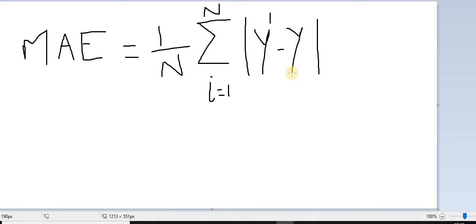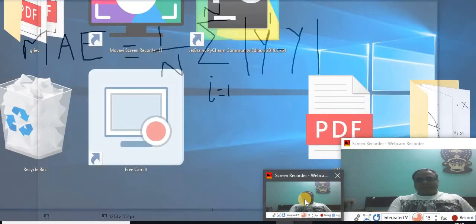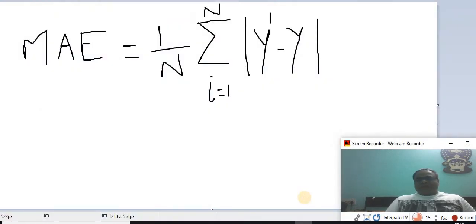MAE is 1 by n, sigma i is equal to 1 to n, modulus of y dash minus y. Why are we using the modulus? The same explanation as for why we use the square: negative numbers become positive.